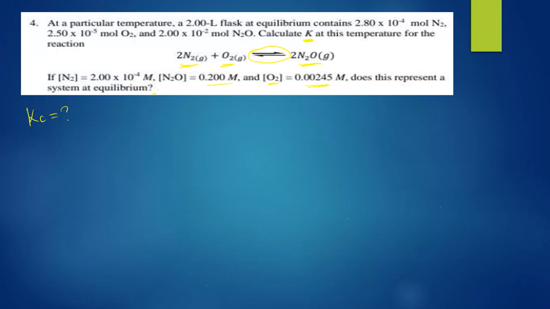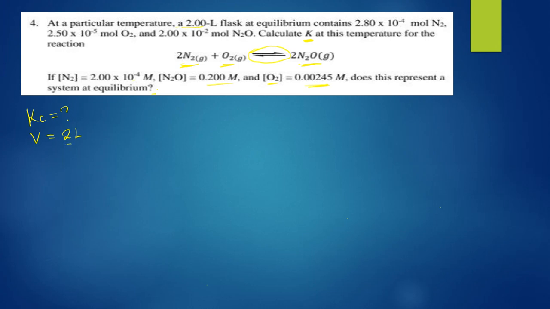And then what have we been given there? On top we have the volume, because it says a 2-liter flask at equilibrium contains, so our volume is 2 liter. Before we solve for the equilibrium constant K, we need to divide the moles given by the volume of the flask.